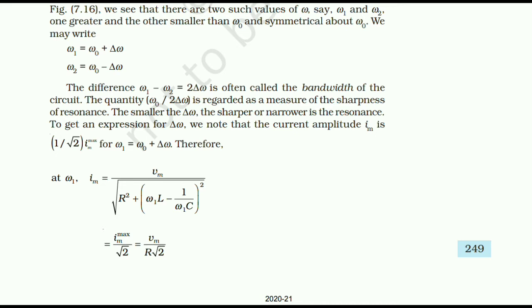To get an expression for delta omega, we note that the current amplitude Im is 1 upon root 2 Im max for omega 1 equal to omega naught plus delta omega.